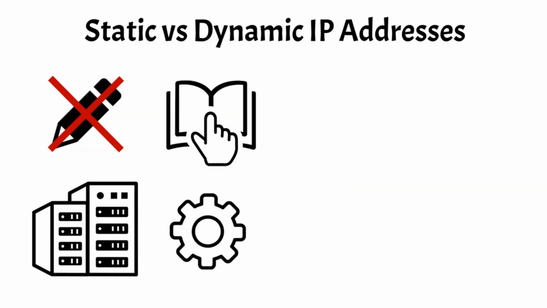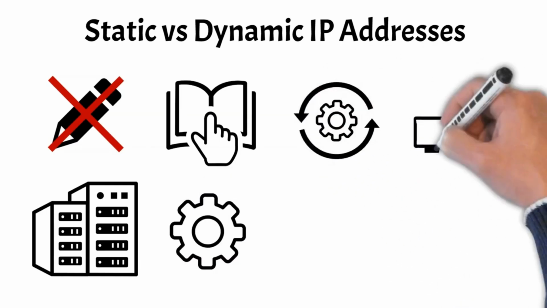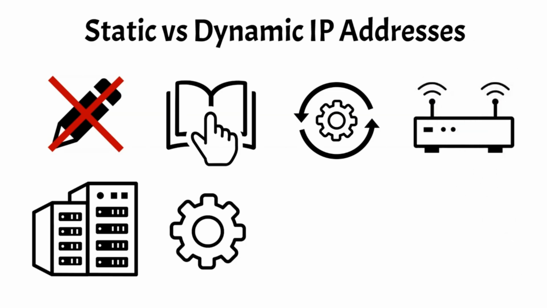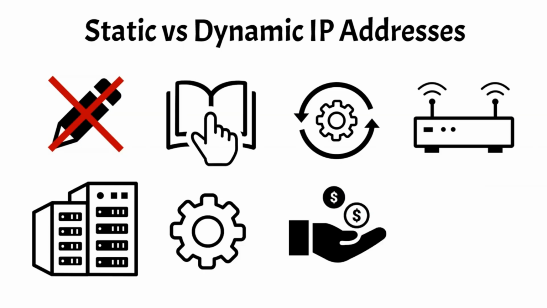On the other hand, dynamic IP addresses are automatically assigned by a network when a device connects and can change over time. This process is managed by the Dynamic Host Configuration Protocol, DHCP. Dynamic IP addresses are more cost-effective and efficient for ISPs, as they can be reused and reassigned to different devices as needed.